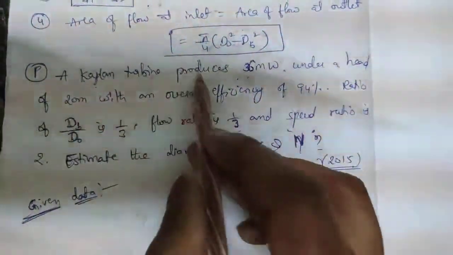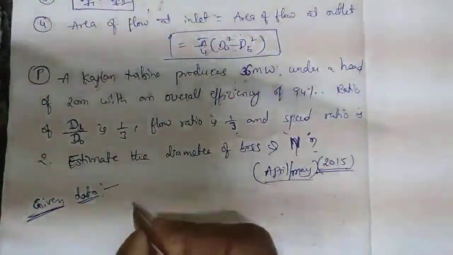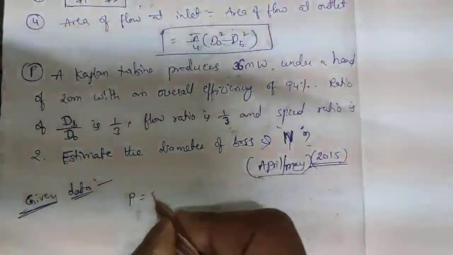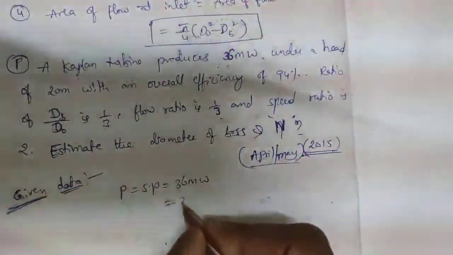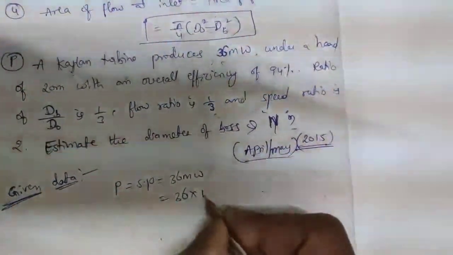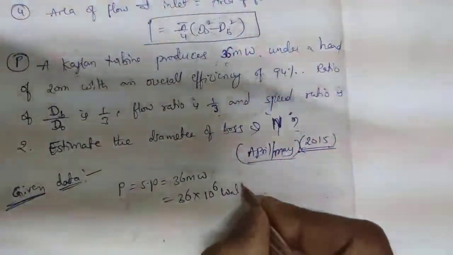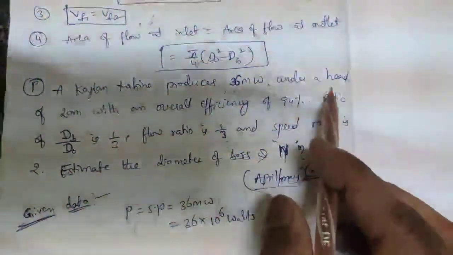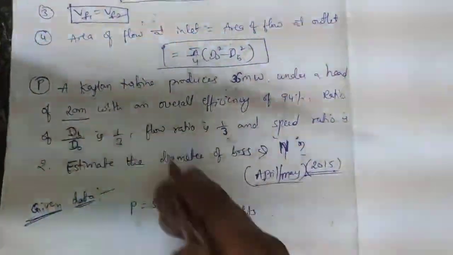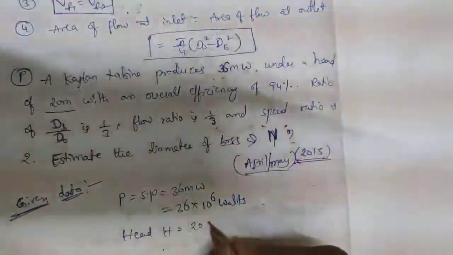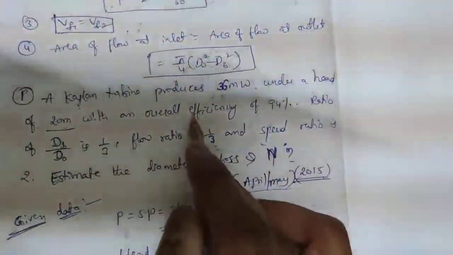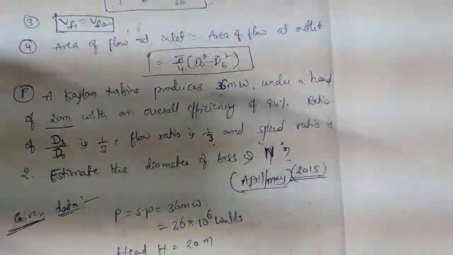A Kaplan turbine produces 36 megawatts. So power, that means shaft power, equal to 36 megawatts, where 1 mega means 10 power 6 watts. Next, under a head of 20 meters, so head H equal to 20 meters, with an overall efficiency of 94%.